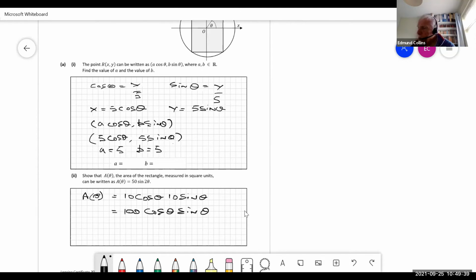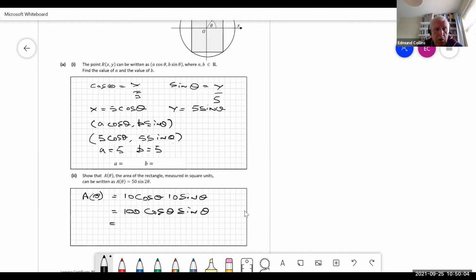Now, Frank is going to cover the identities later, and I think one of the ones he covers is 2 cos theta sine theta, and 2 cos theta sine theta is equal to sine 2 theta.